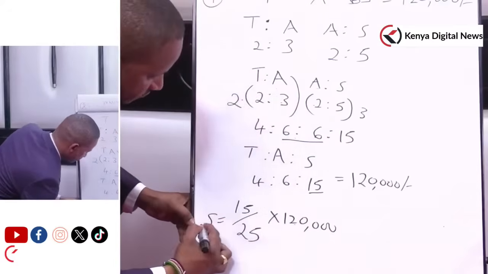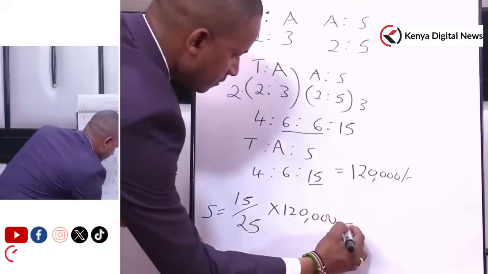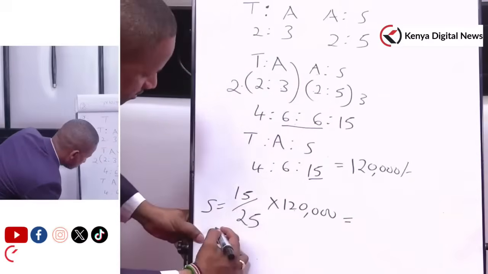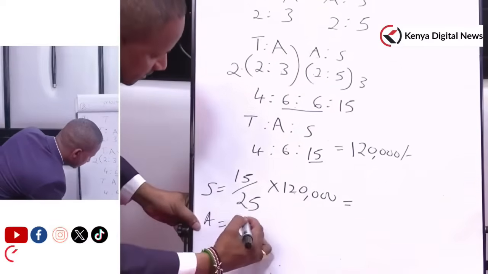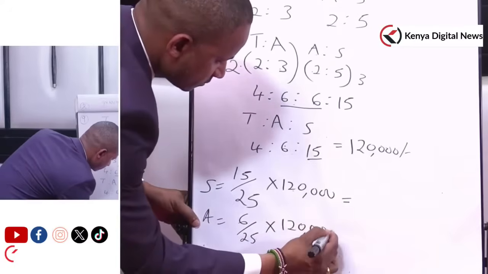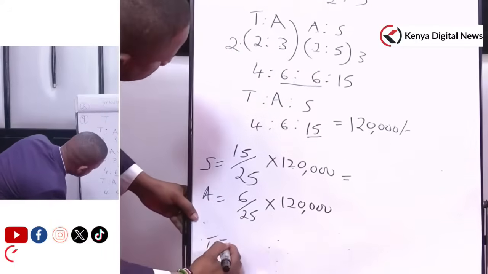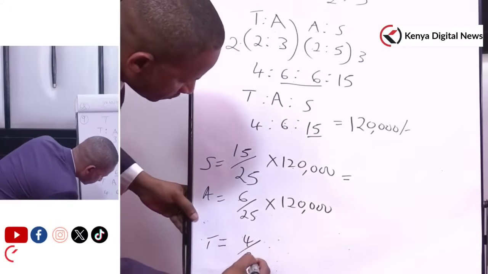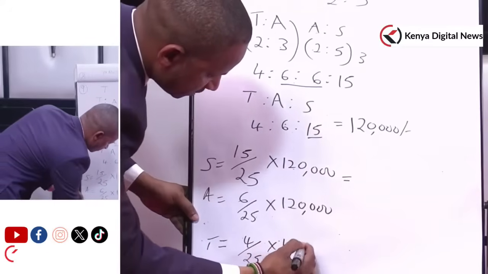This is Sifuna. While Abu contributed 6 over 25 times 120,000, while Tumaini contributed 4 over 25 times 120,000.